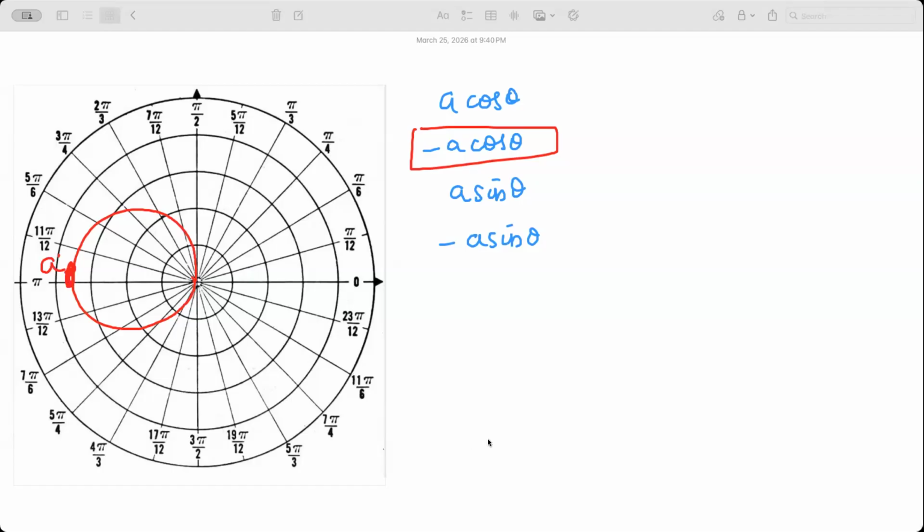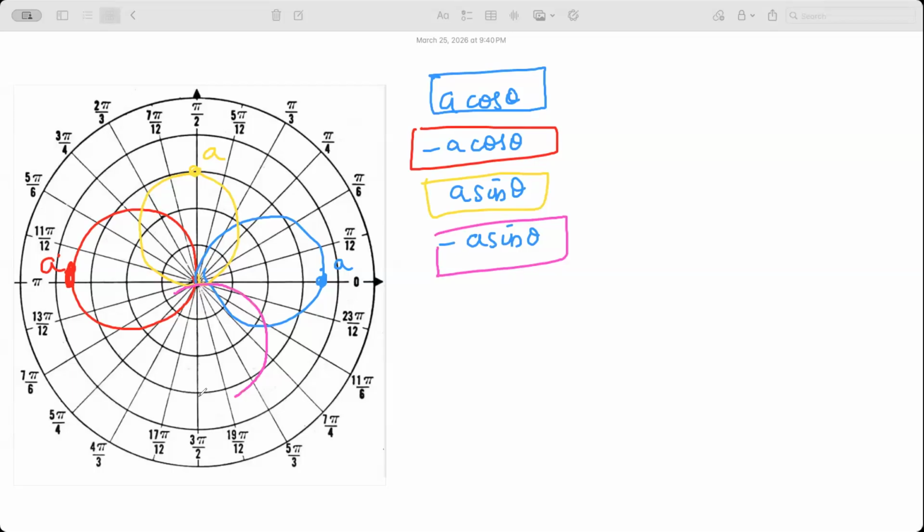Now a cos theta, the positive, would be this. This maximum point would be a. Similarly, a sin theta is going to be up, here. This is a. And then the final one, minus a sin theta, is going to be this, and this is going to be the a point, the maximum point. Any question?